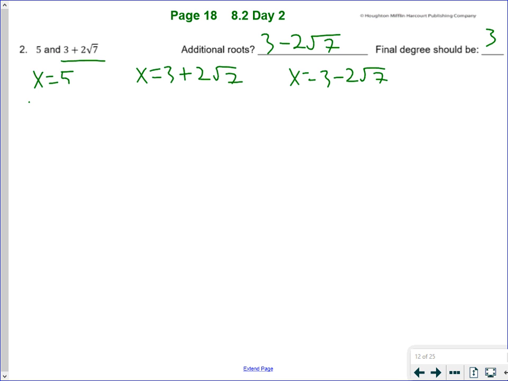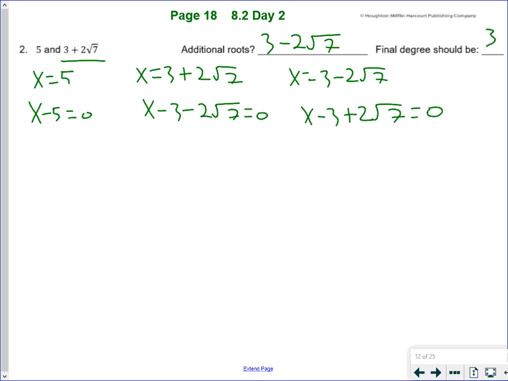So for the first one, that becomes x minus 5 equals 0. For the second one, that's x minus 3 minus 2 root 7 equals 0. And x minus 3 plus 2 root 7 equals 0.